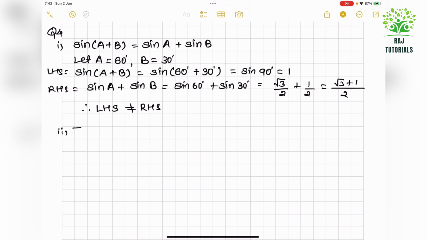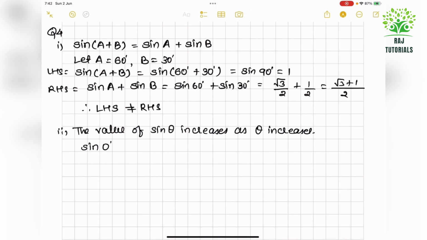Then second one says the value of sin theta increases as theta increases.